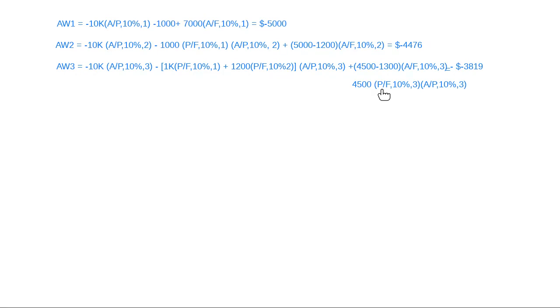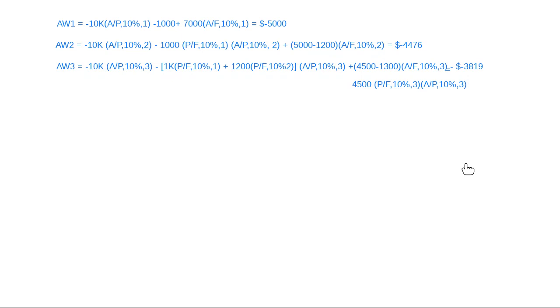As we said, the A given P and the A given F, both of them can work the same if the value that is required or needed is at the end of the cash flow diagram.